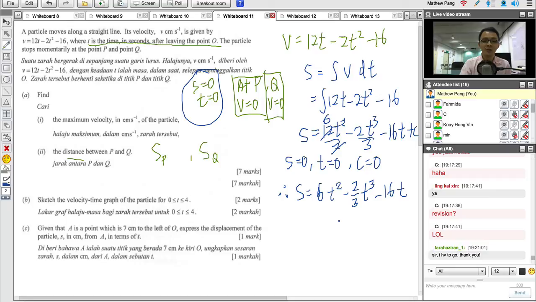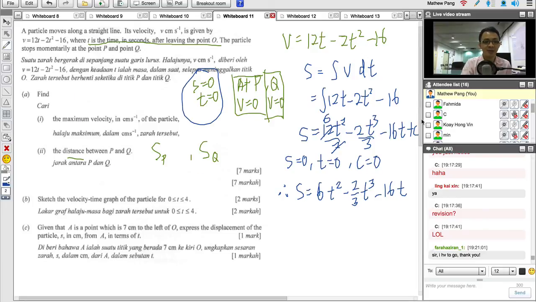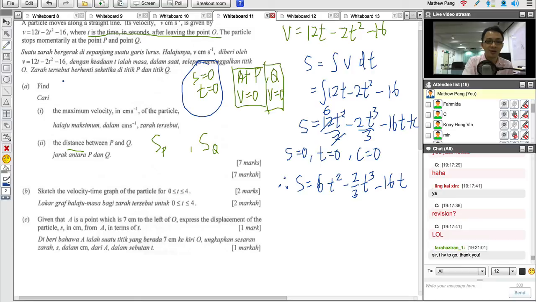Now we need to find the displacement for P and Q. We know v equals 0 at that moment, so from there I can actually get the time. So I have 0 equals 12t minus 2t squared minus 16. I multiply everything by negative and divide everything by 2.